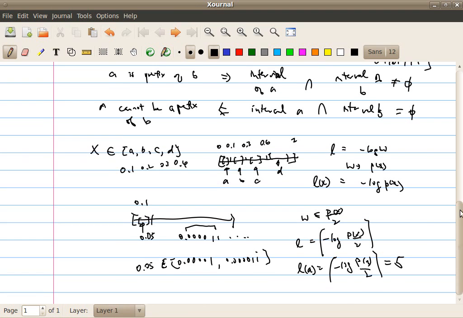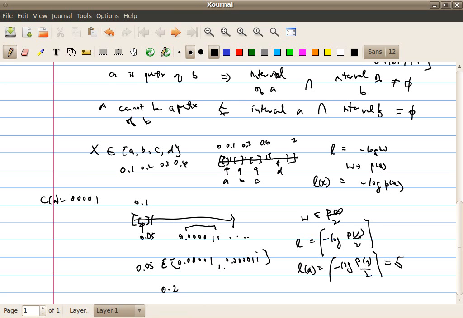So the codeword of A is 0.00001, and for the codeword of B we compute the midpoint, which is 0.2.